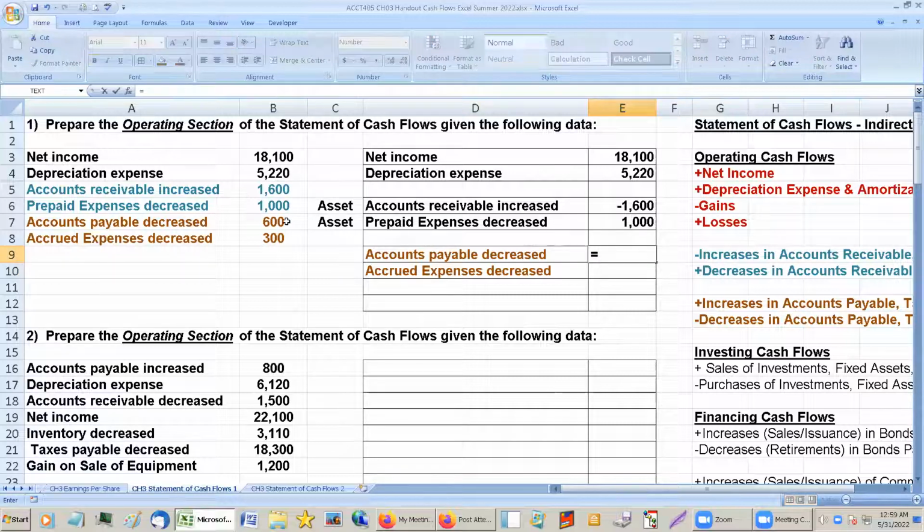These decreased. No, I did it right. See, I'm confusing myself. And I made this thing.